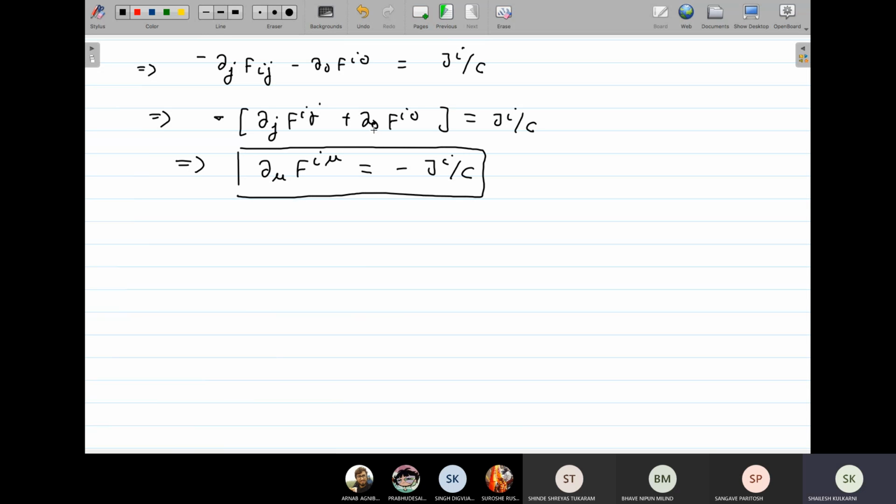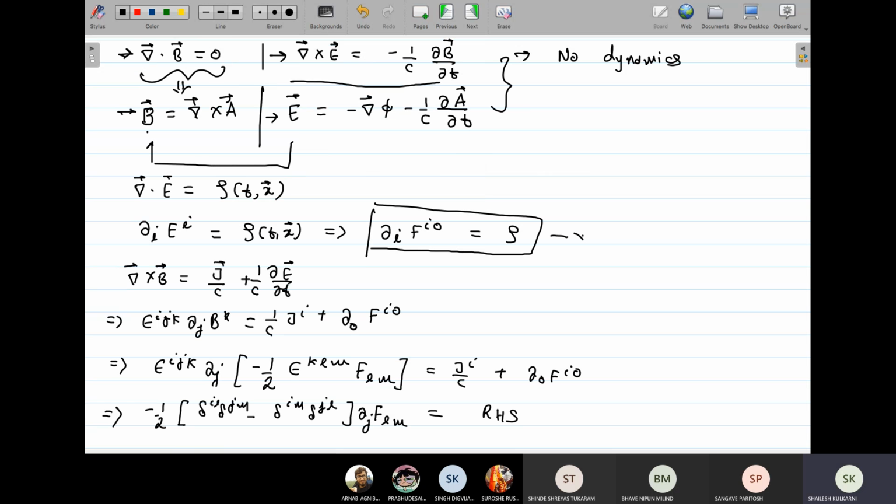This is nothing but, you see, the down index together with this. If you expand these in components, you will get this relation with minus sign extra, so I'll put minus sign extra here.